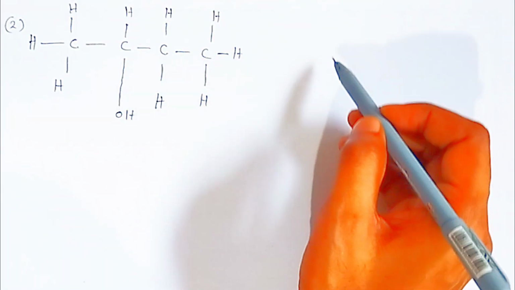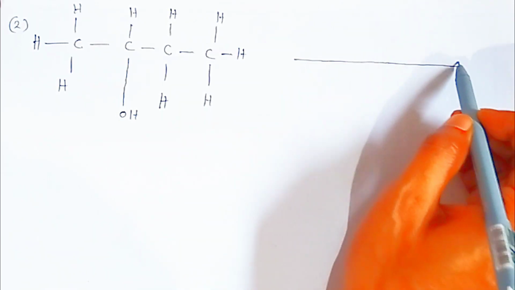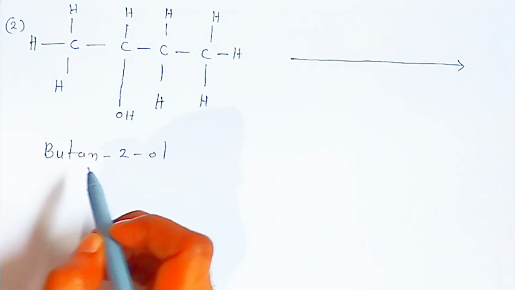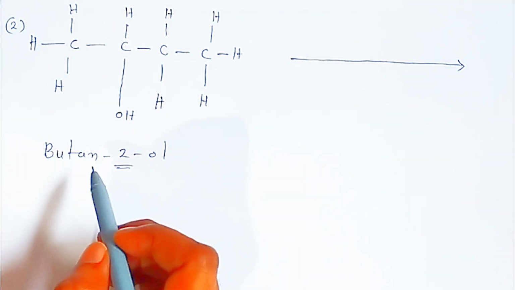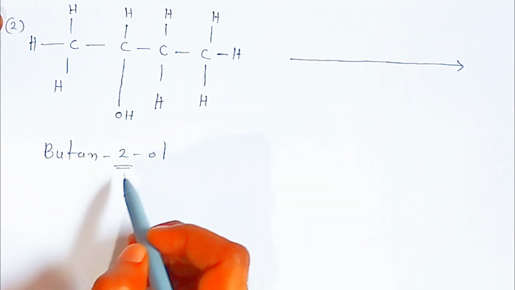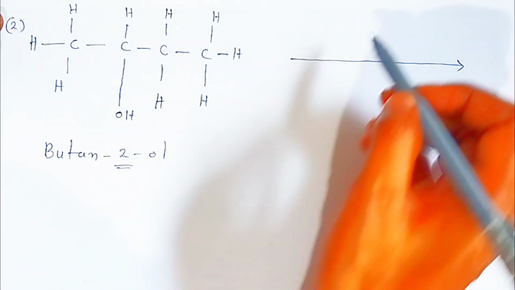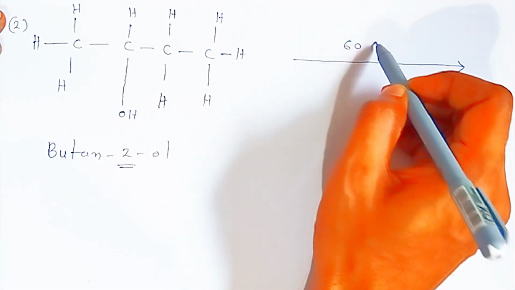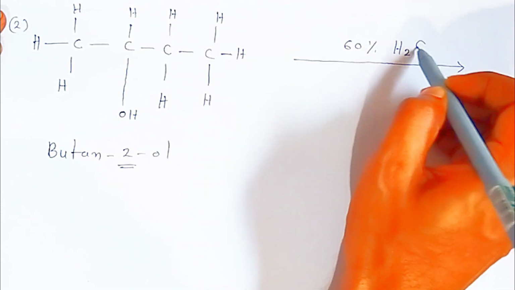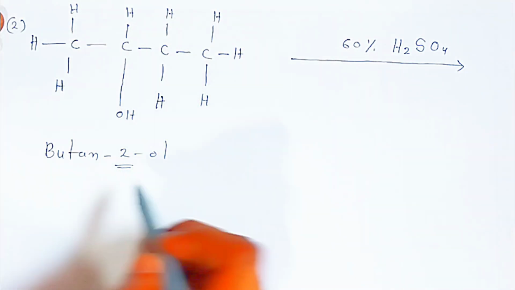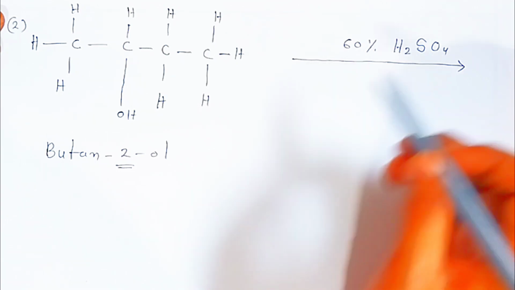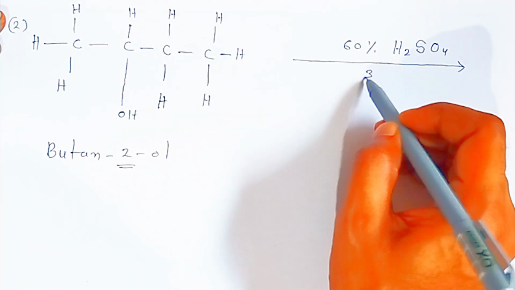Now, since it is second degree alcohol, by observing these two you can know it is second degree alcohol. Now if it is second degree alcohol, students, the sulfuric acid percentage will be 60%. If you want to remove the water molecule from this alcohol, students, you have to take 60% sulfuric acid. Now you have to heat it, students.